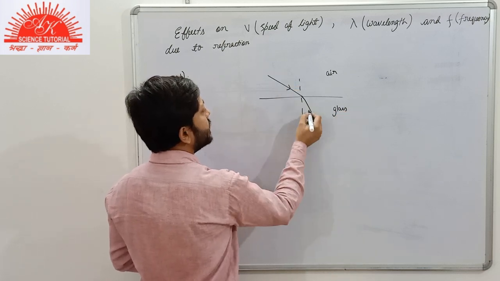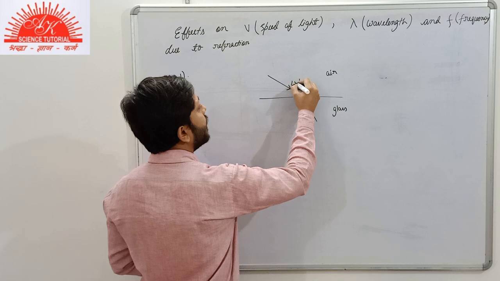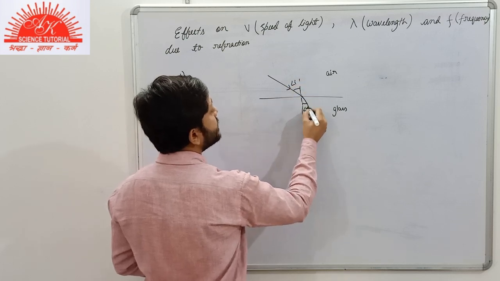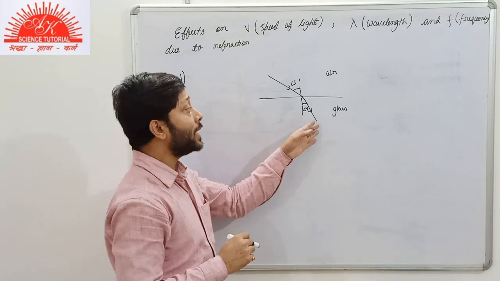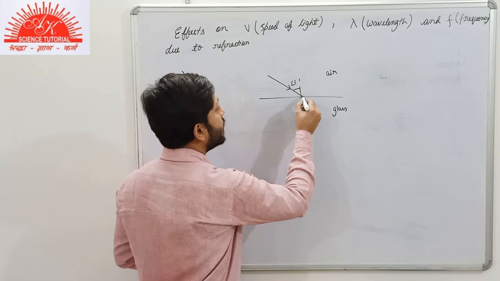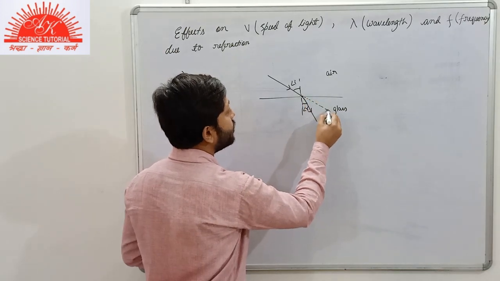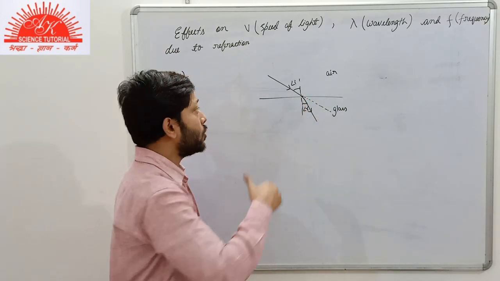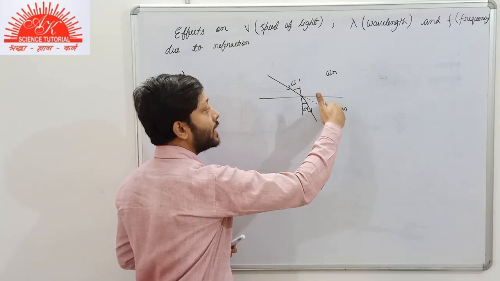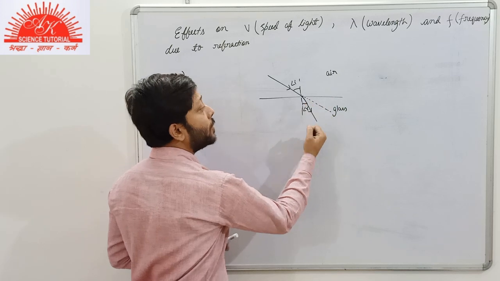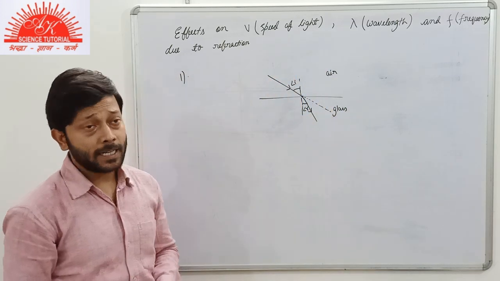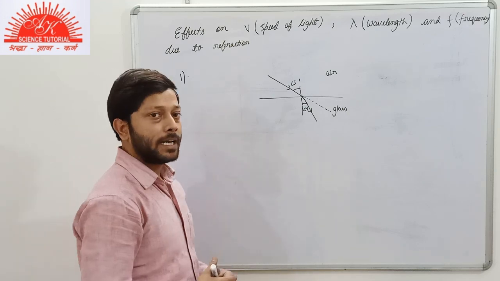Whenever a light ray passes from a rarer medium to a denser medium, its speed decreases and so it shifts towards the normal. This would have been the original path of the light ray. I have produced it here, but it is not the condition here. It shifts towards the normal because the light ray travels from an optically rarer medium to an optically denser medium. So the speed of light decreases here.